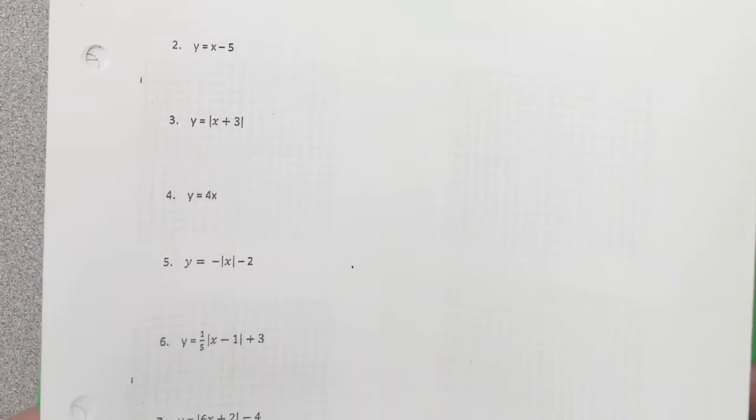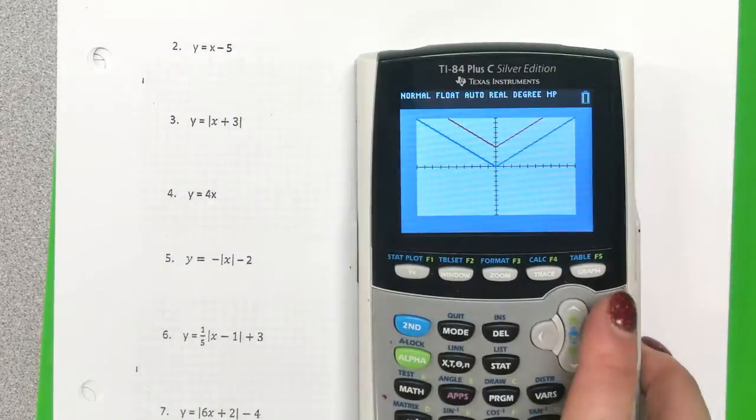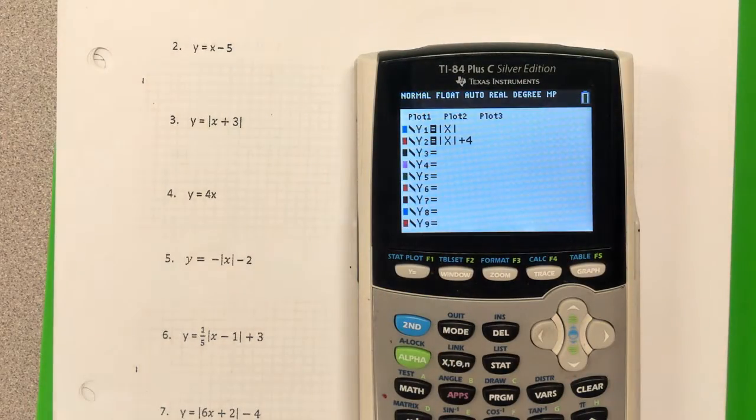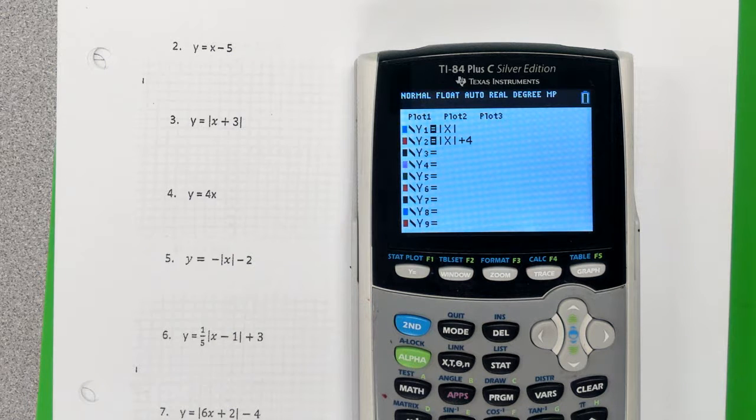Here we go. Number 2. All right, so we have to go to y equals. We have to clear everything out. So, what's the parent graph of this one?